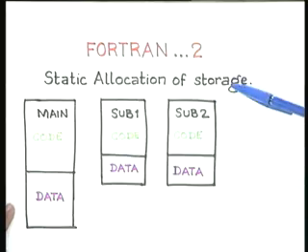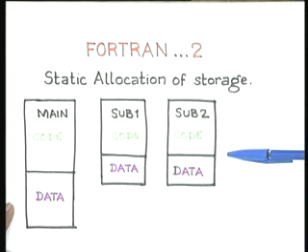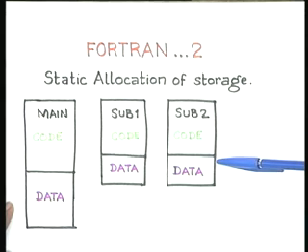This block requires so much memory, so allocate it that much, and so for each block you just allocate as much memory as it requires for both its code segment and its data segment at compile time. The result of a static allocation of storage means that you cannot have any dynamic creation of data.